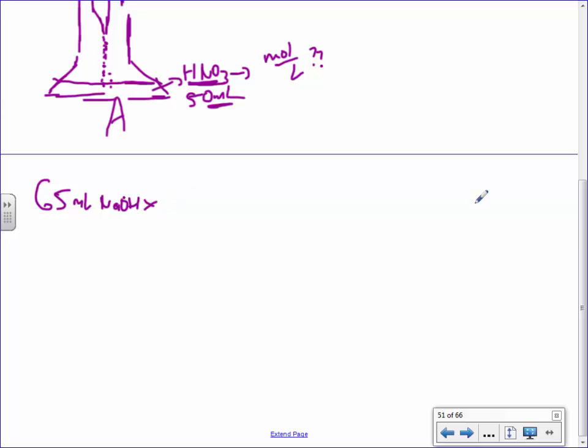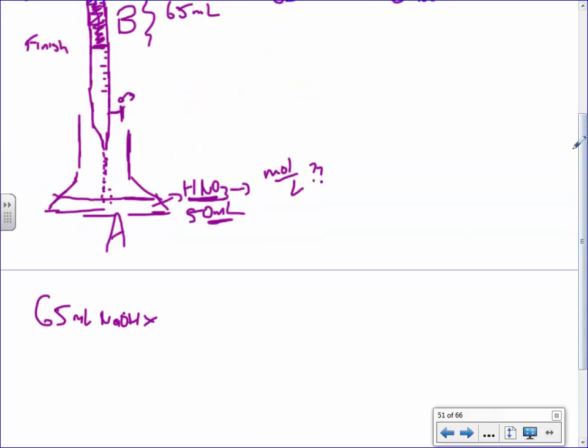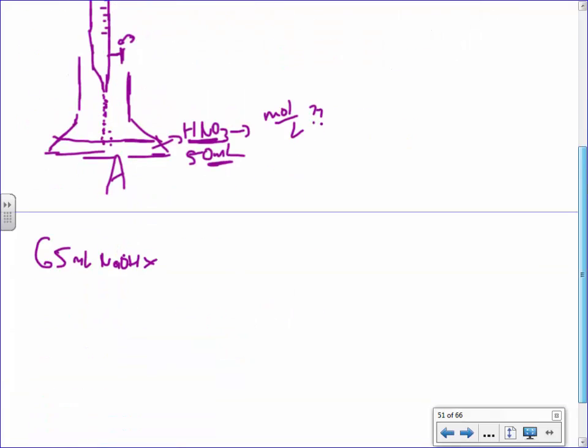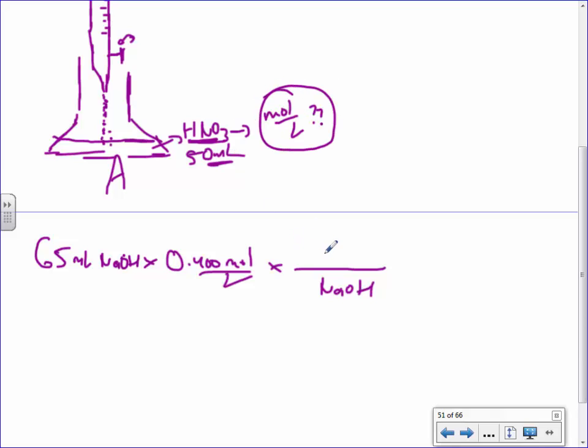And I know the concentration of it was 0.400 moles per liter. That was its concentration. Next up, I don't really want to know about sodium hydroxide, so I'm going to put it on the bottom. Because really the whole point of this is I want to find that unknown concentration of nitric acid.